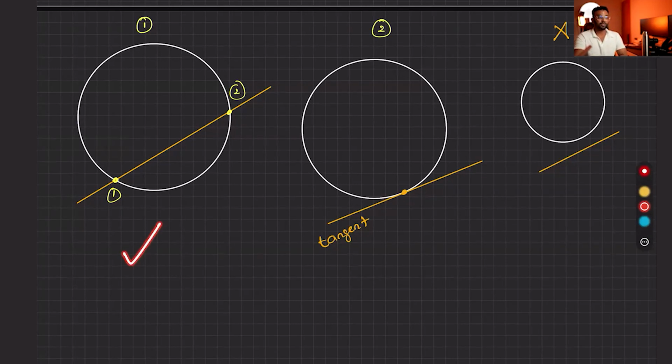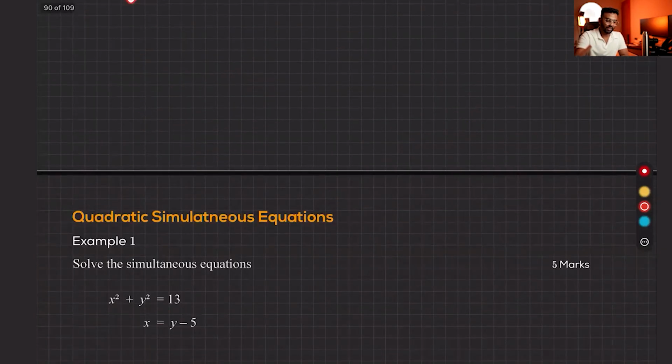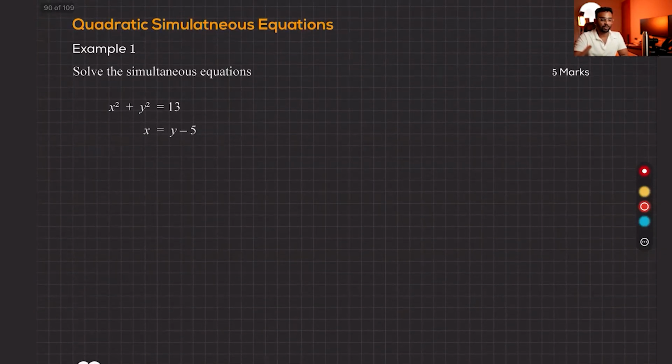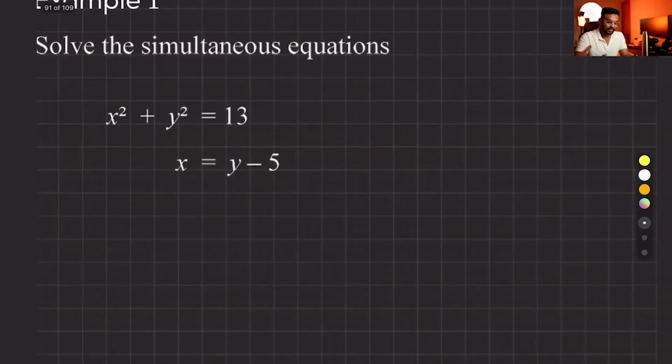So let's look at those kinds of questions. It's a quadratic simultaneous equation. And this is how it will look. Straight away, 5 marks. No, that's an A-level concept. So, by looking at this, what type of equation is this?